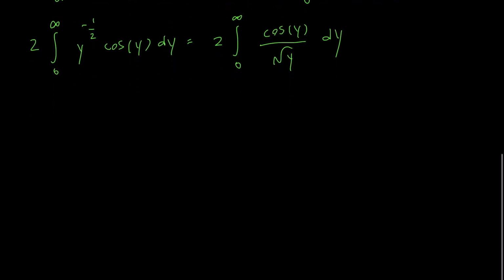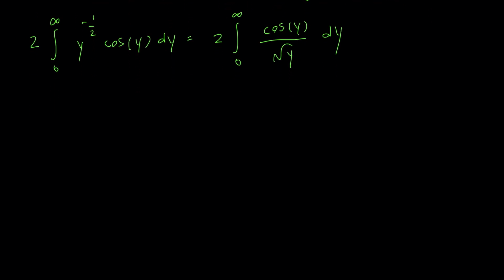And we're going to yet again make another substitution. We're going to let z equal the square root of y, which means that z squared equals y. That means that dy equals 2z dz. The bounds of integration will not change.